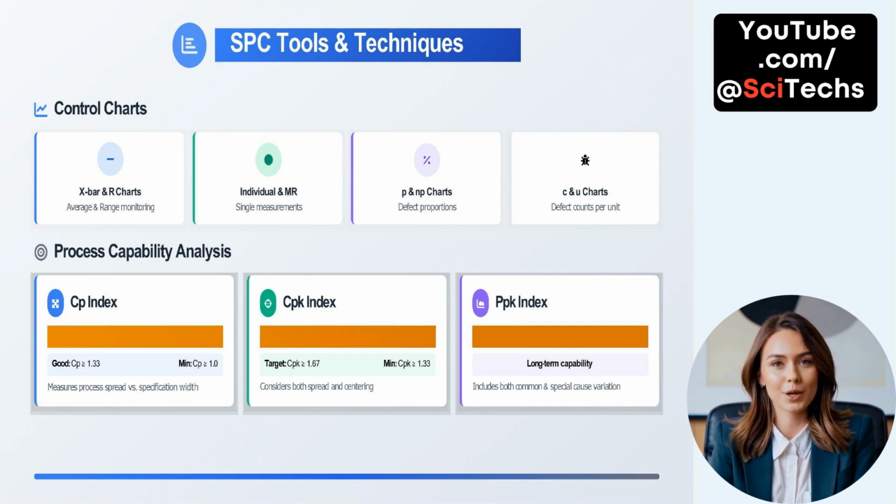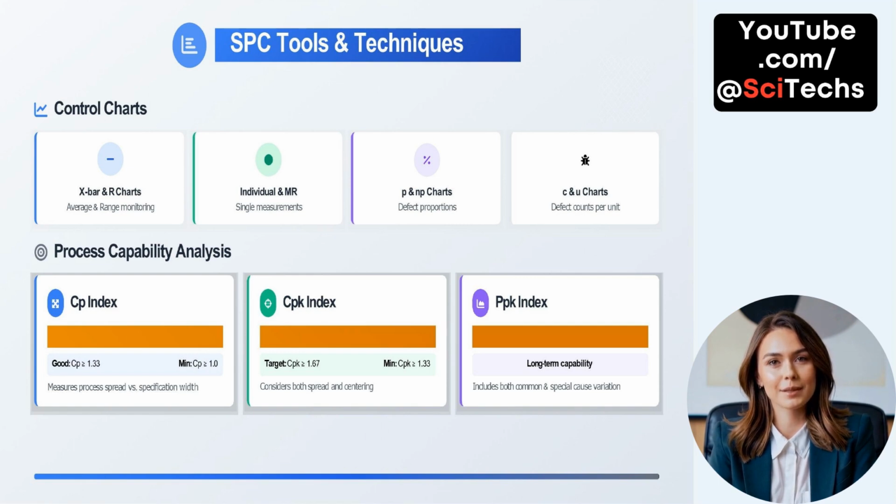The X-bar and R charts track average values and range, particularly useful when dealing with subgrouped data. Individual and moving range, MR charts, are ideal for monitoring processes with single measurements per time point. To assess defect rates, P and NP charts focus on proportions of defective units, while C and U charts track the count of defects per unit.